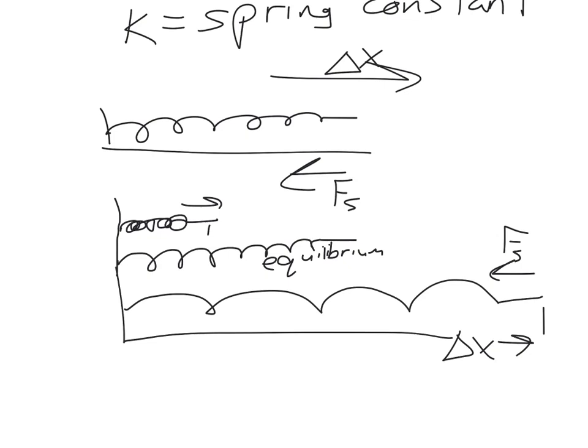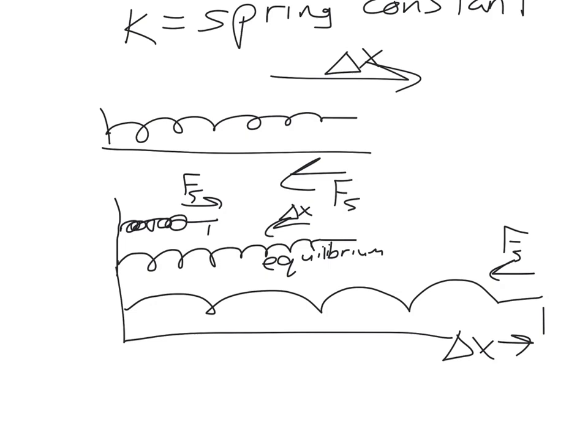Here, the delta x went this way, from equilibrium to the left, so the spring force will point back. So the force from a spring always points in the direction of the equilibrium position, which is opposite of its displacement. Keep that in mind.